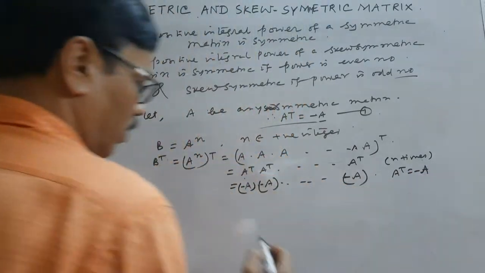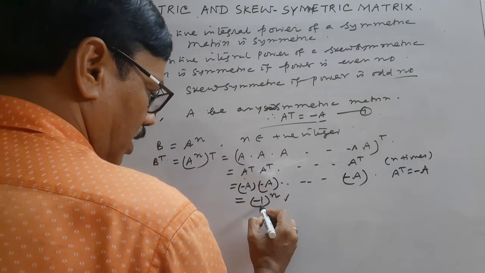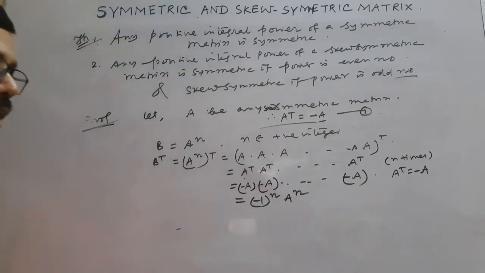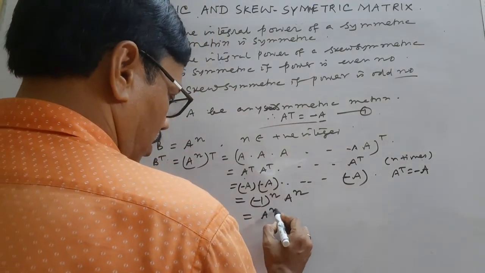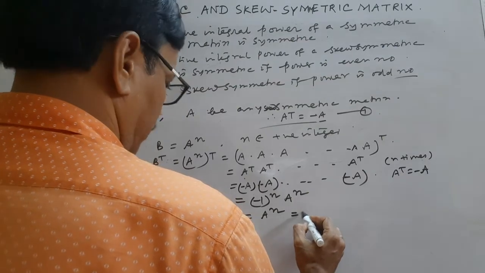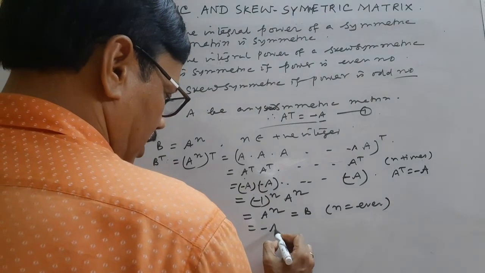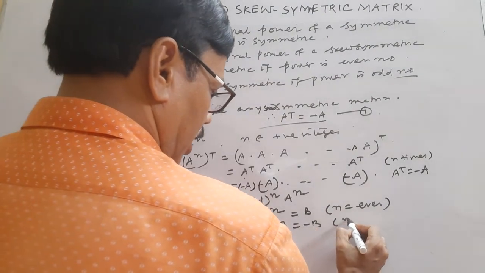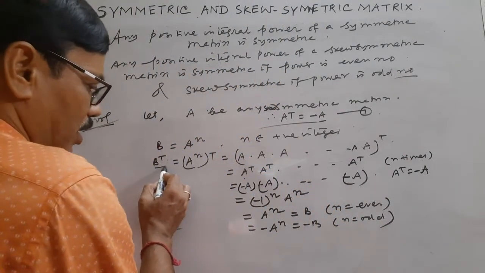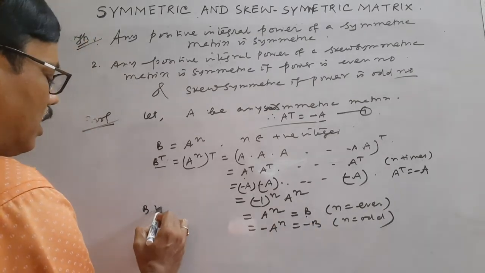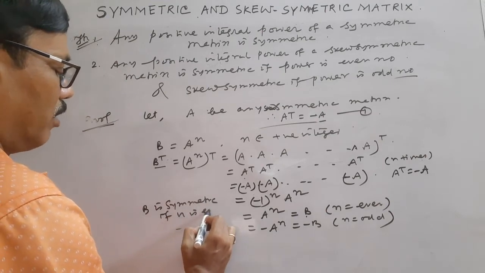A transpose equals minus A. How many matrices? n. So B transpose equals (minus 1) to the power n into A to the power n. Now listen, if n is even, then this is A to the power n, which equals B. So if n is even, B transpose equals B. So B is symmetric if n is even.